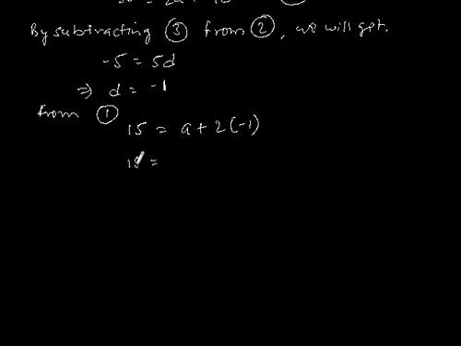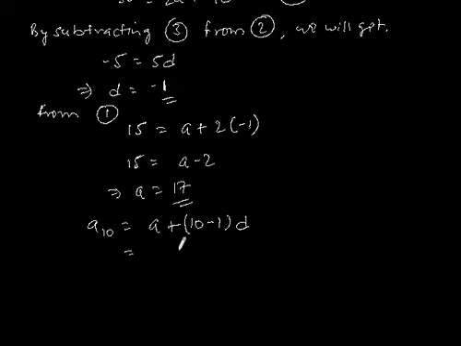So this will give 15 is equal to a minus 2, which implies a is equal to 17. So A10 is equal to a plus 10 minus 1 into d, putting the value of a and d. A is 17 plus 9 into d is minus 1.